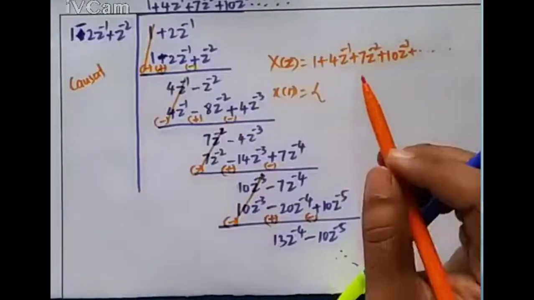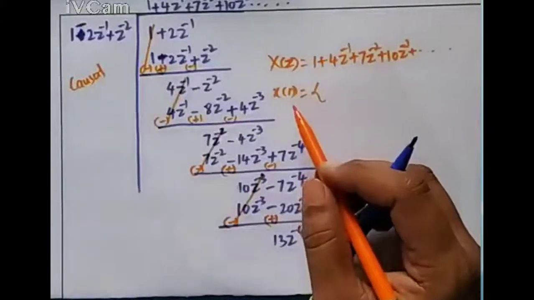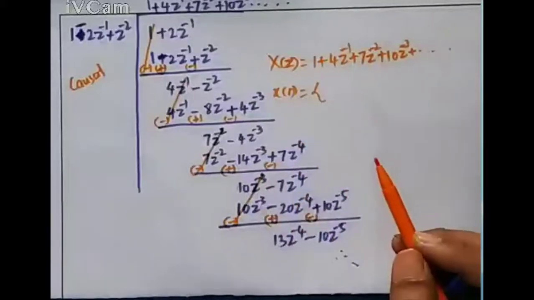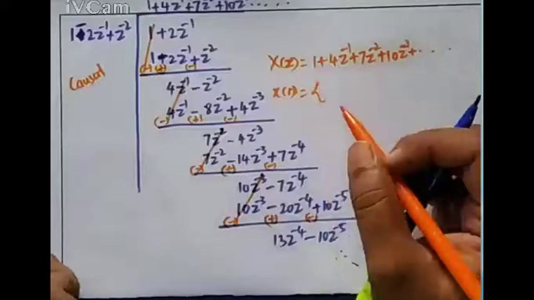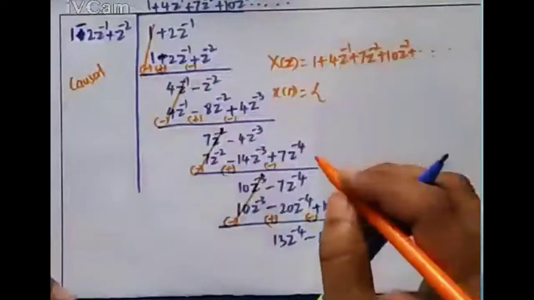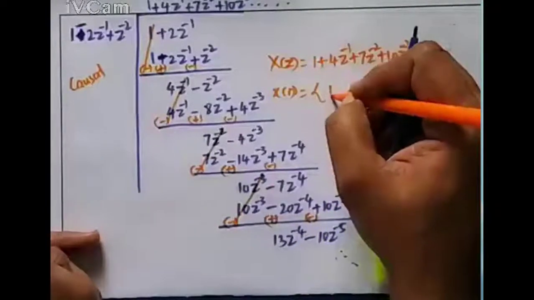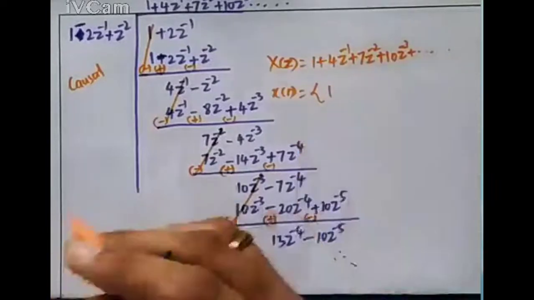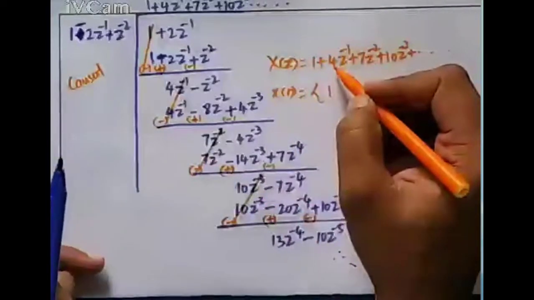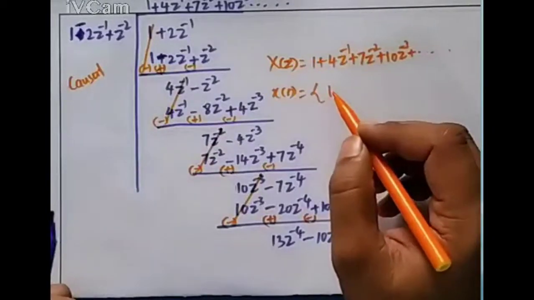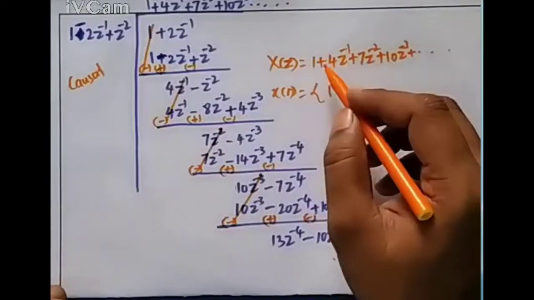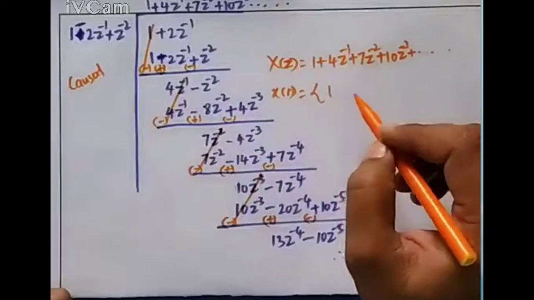In that regard, you can identify that whatever the n terms are there, they will be positive. Starting it is 1, so the constant term is already there, so you don't have to bother about putting the zeros there. If the starting value itself is 4z^-1, that time you need to put 0 for the initial position. At 0 we don't have anything, it means we have to put 0 there.